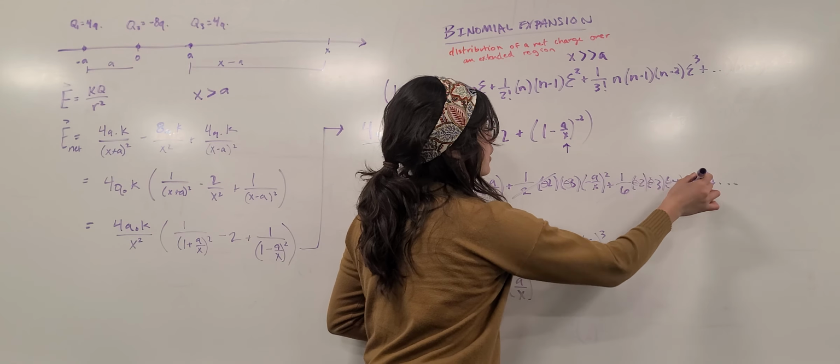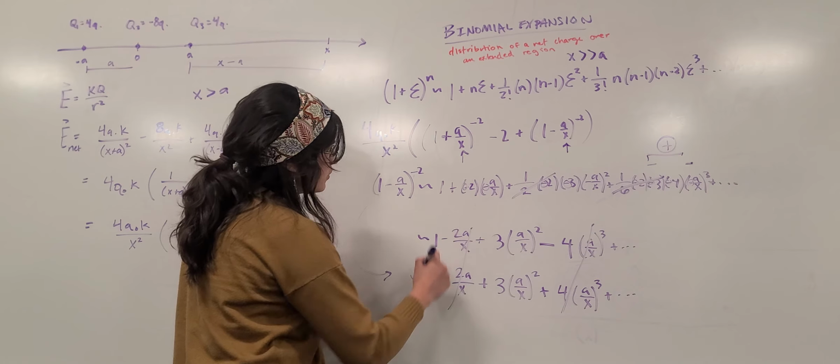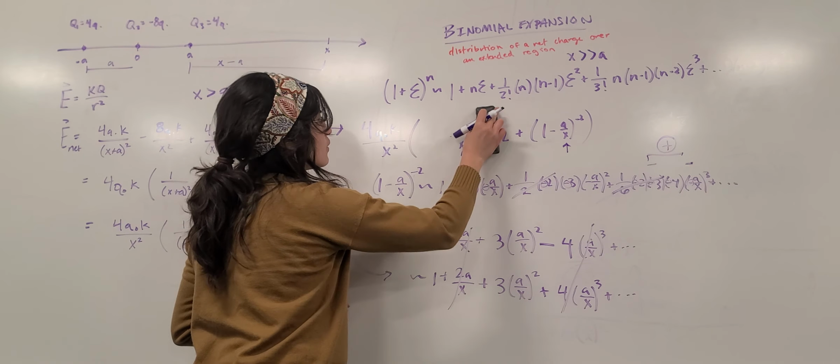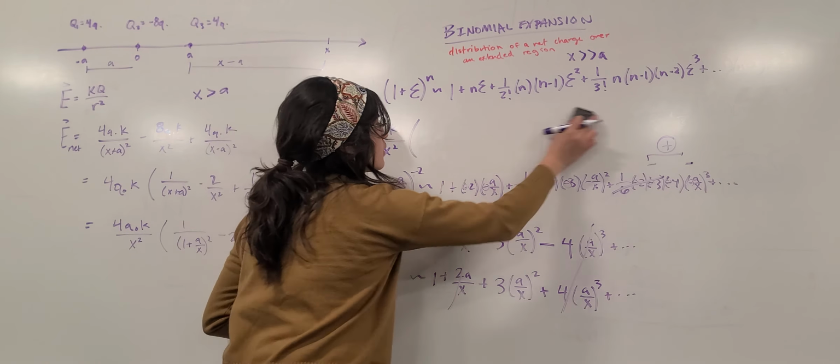Now let's smash these together, all right? These terms are going to cancel, right? Because we're going to plug them back in right there. So we're left with, this is going to add up to 2. So I'm going to go ahead and just plug this in up here. These guys add up to 2. Those guys cancel. These guys add up to a grand total of 6 a over x squared.